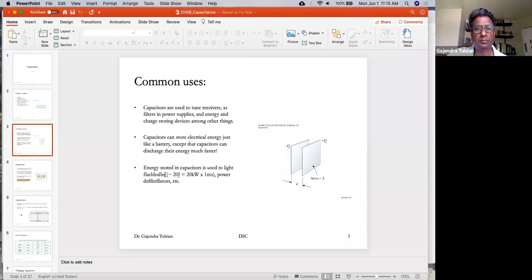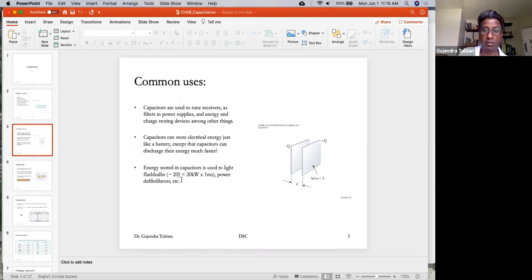All right, so this is showing you the numbers of a flash bulb circuit. Energy stored in a capacitor is used to light flash bulbs. In a typical circuit, you can store about 20 joules of energy in the capacitor.